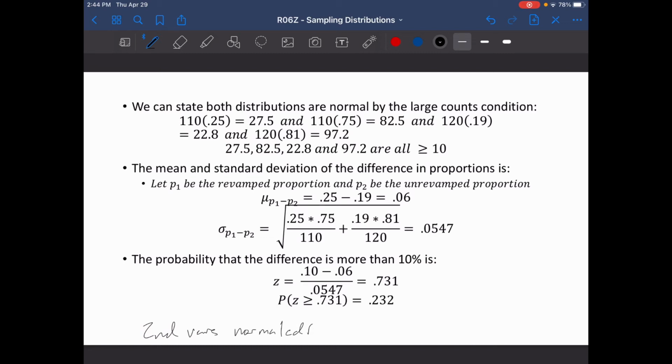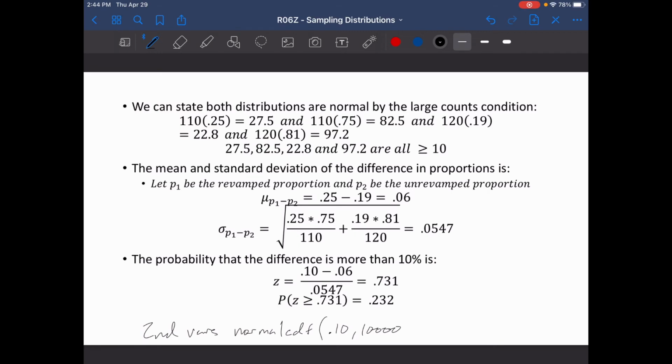Okay, now because we are checking to see if the probability of the difference is more than 10%, then that means that 10% is going to represent our lower bound. So we're going to enter in 0.10 for that, and a very high number for our upper bound.